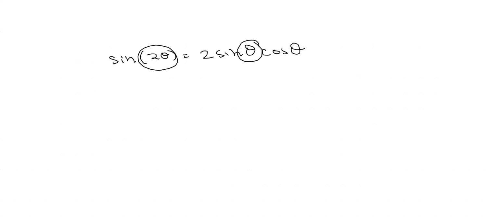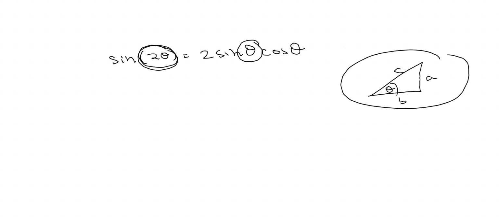For instance, if I know all the sides of a triangle with my theta, this is theta and this is 2 theta. You can use this identity to convert so that I can actually use this triangle to find my values. So that is helpful in that scenario.